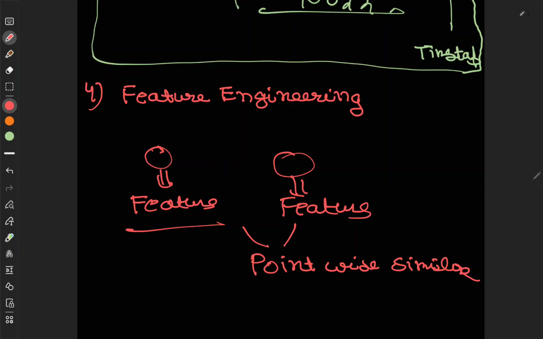So for example, if two people work in the same company, same education, then they have high chances to connect, right? We should show them as a recommendation.